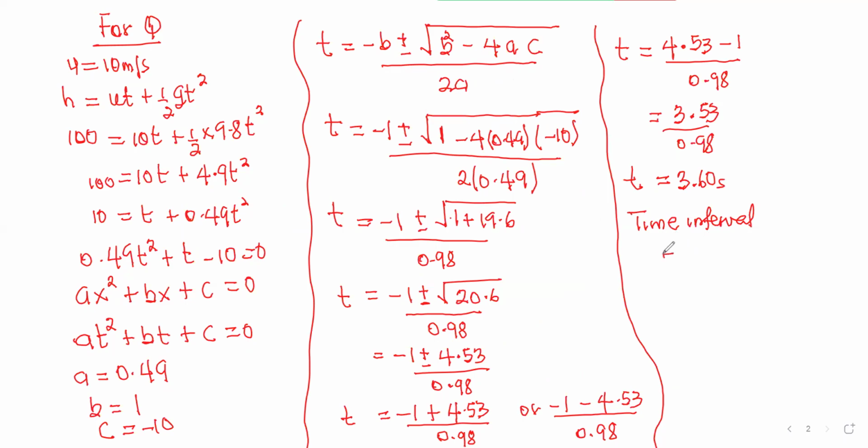So 5.63 minus 3.60, and the difference would be 2.03 seconds. That is the solution to the question.